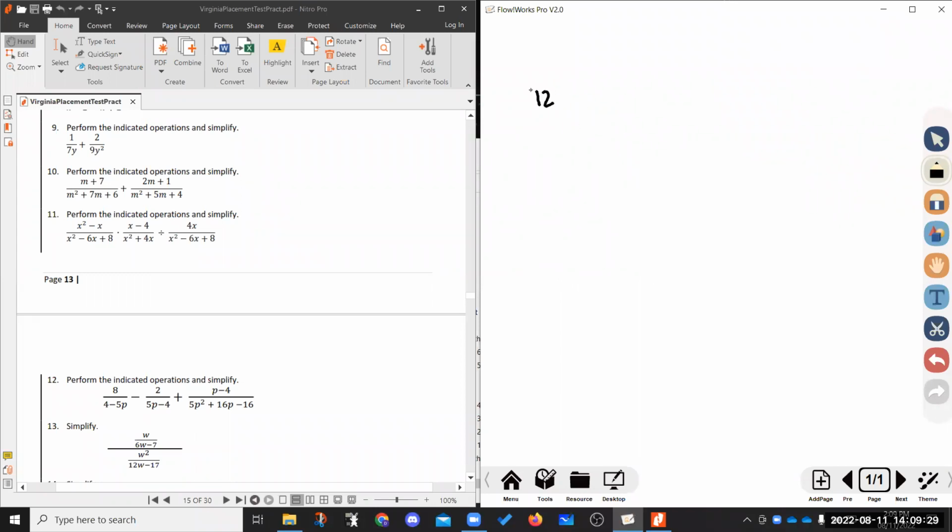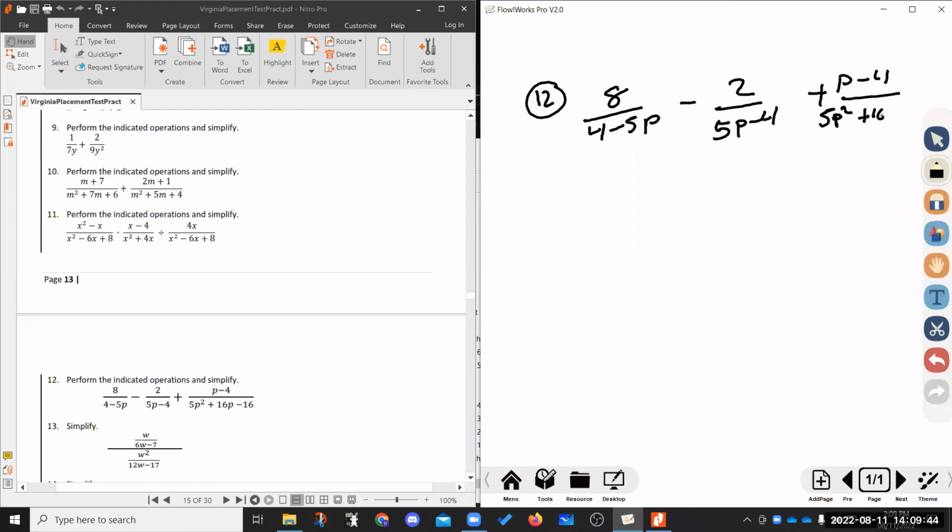So number 12 asks us to find what 8 over 4 minus 5p, minus 2 over 5p minus 4, plus p minus 4 over 5p squared plus 16p minus 16 is. Notice that everything else has p's written first other than this term.